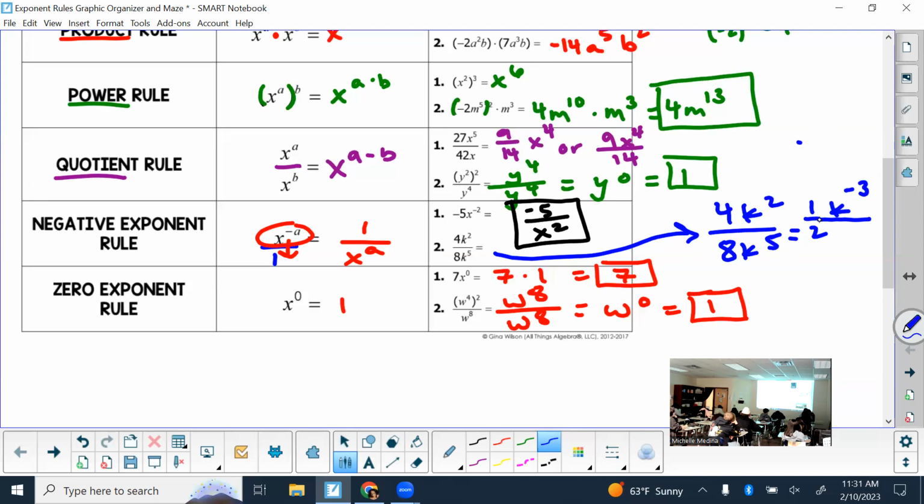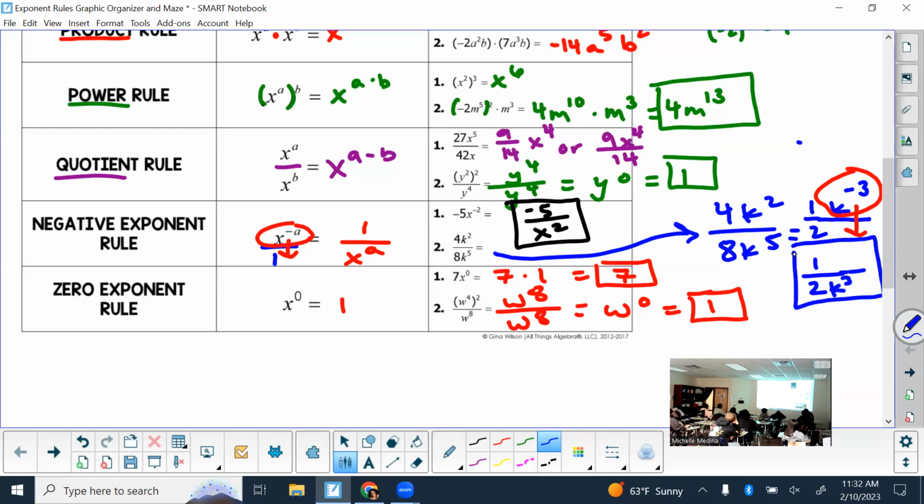But once we apply the negative exponent rule, this chunk with the negative exponent will move across. 1 will stay there and it'll be over 2k to the what? Third. Let me make that look more clear, but that's what it's going to be. 2k to the third power. Sorry, it's so hard to write clearly.